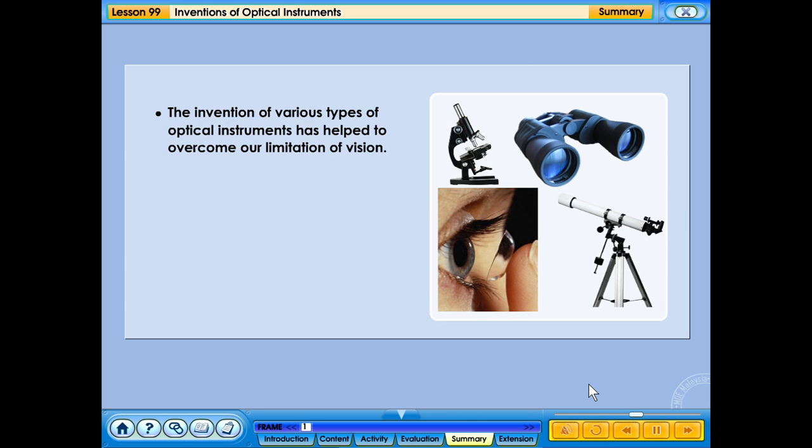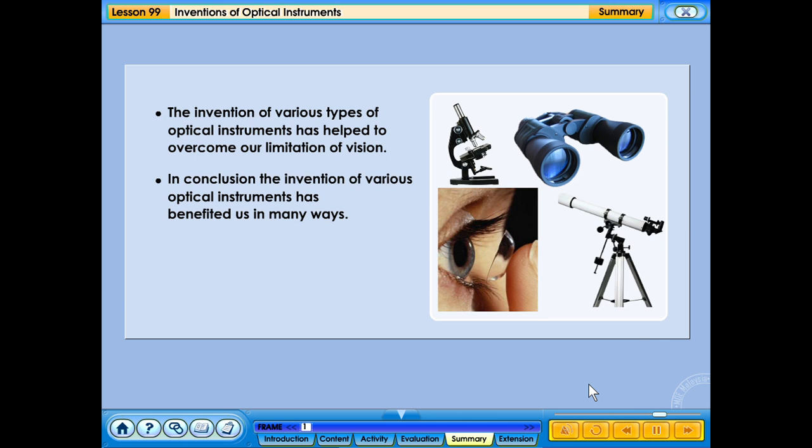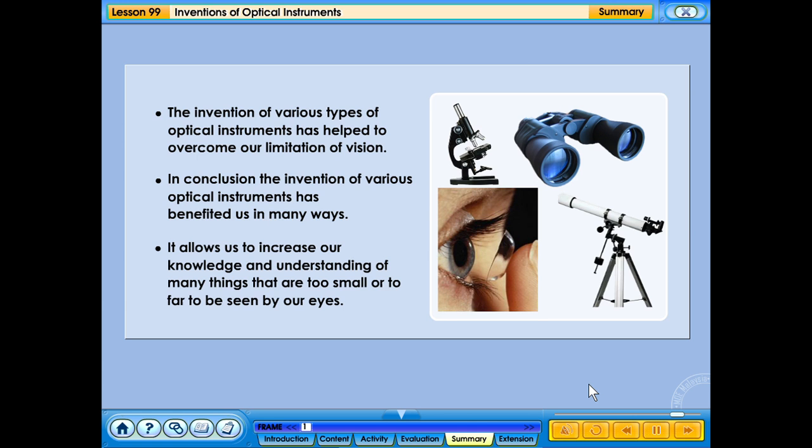The invention of various types of optical instruments has helped to overcome our limitation of vision. In conclusion, the invention of various optical instruments has benefited us in many ways. It allows us to increase our knowledge and understanding of many things that are too small or too far to be seen by our eyes.